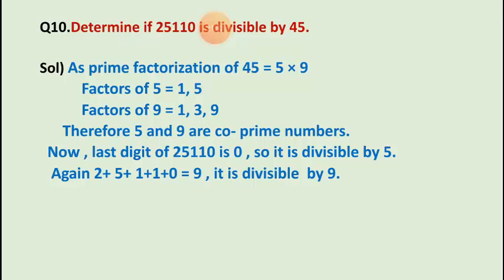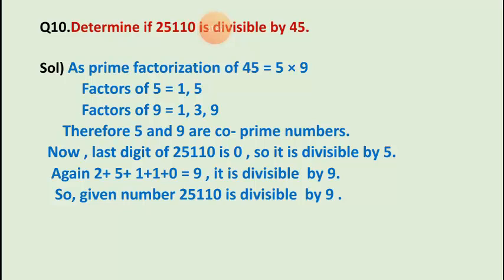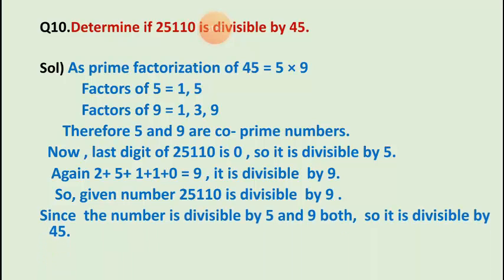You can find this in the textbook, page number 60. Okay children, so here we can write that this number will be divisible by 45 also. Why? Because from the divisibility rule, if any number is divisible by two co-prime numbers, then it will be divisible by their product, that is 45, also.